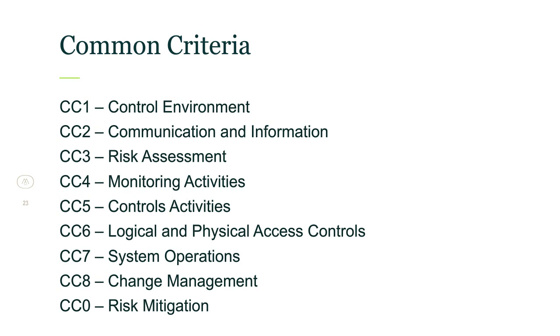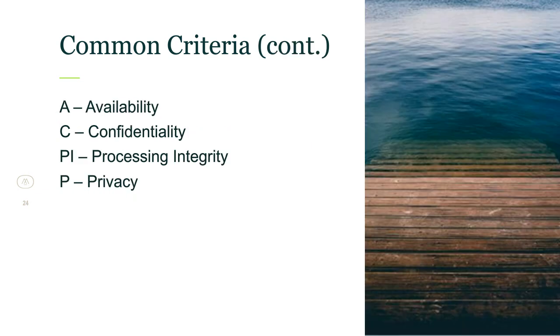I know with our clients, as we're getting into this year's planning cycle, we're starting to get into more discussion around this as well. In addition to those common criteria, the other principles remain availability, confidentiality, processing integrity, and privacy, each of which has been amended in some fashion to also take into account the changes going on within the new reporting.